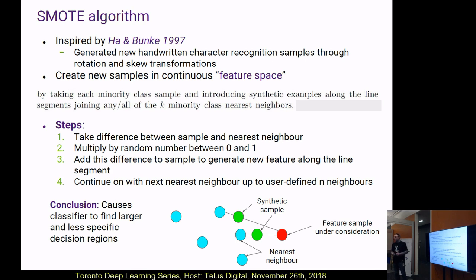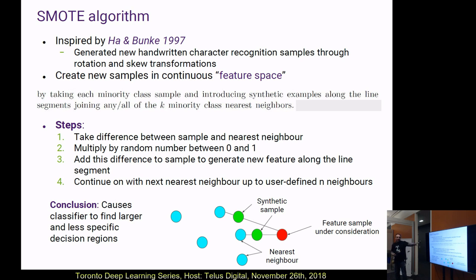Assuming your data kind of clusters along some pattern, I wouldn't say it's a big deal unless you choose k to be very, very large, because then you're trying to generate new samples along with nearest neighbors that are much further away.